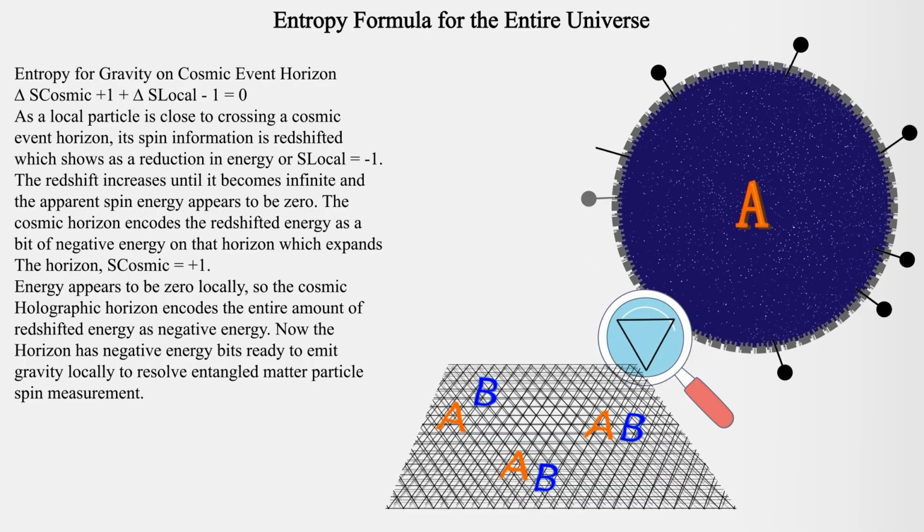Energy appears to be 0 locally, so the cosmic holographic horizon encodes the entire amount of redshifted energy as negative energy. Now the horizon has negative energy bits ready to emit gravity locally to resolve entangled matter particle spin measurement.